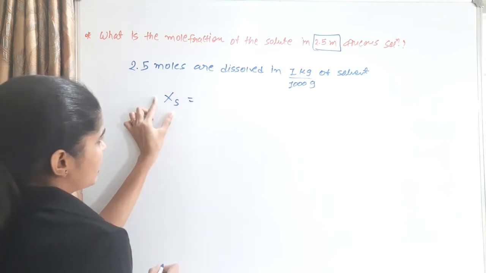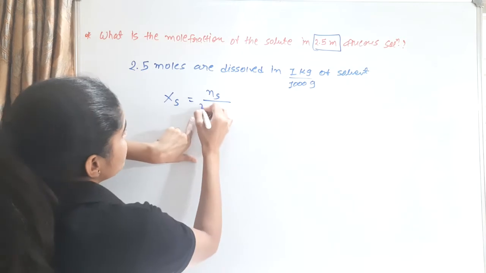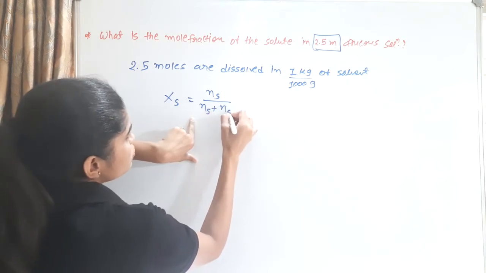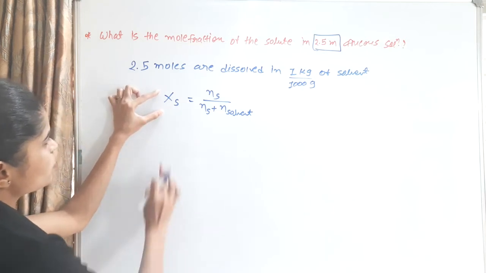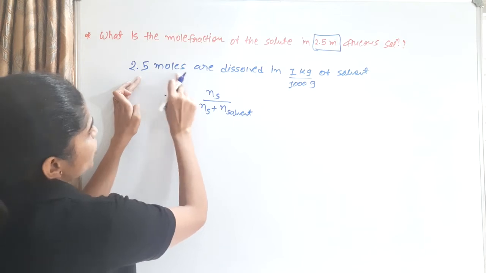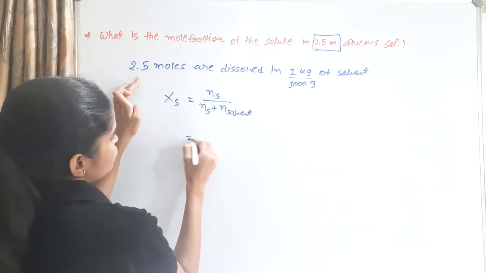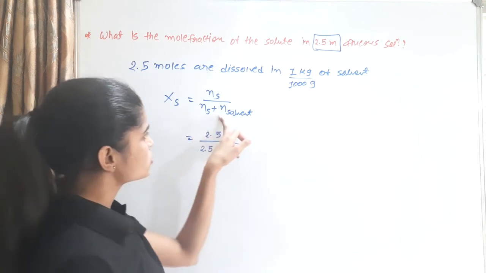It is denoted by Xs. That is the moles of the solute divided by the moles of the solute plus moles of the solvent. That gives the mole fraction of the solute. Here 2.5 moles of the solute is given, so 2.5 divided by 2.5 plus moles of the solvent.